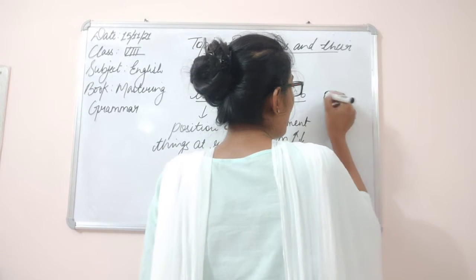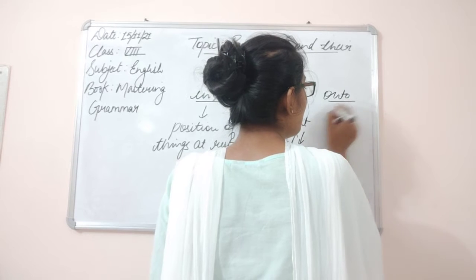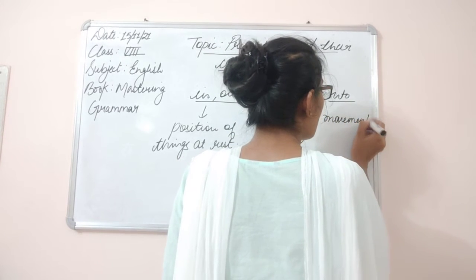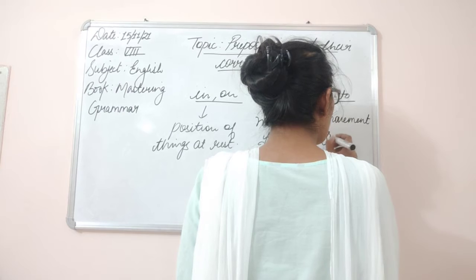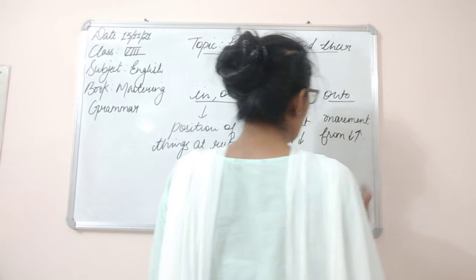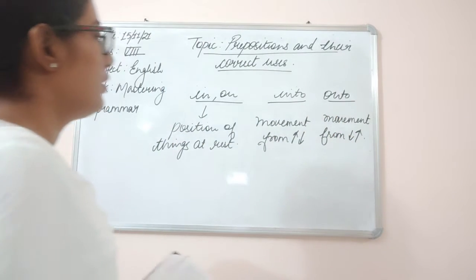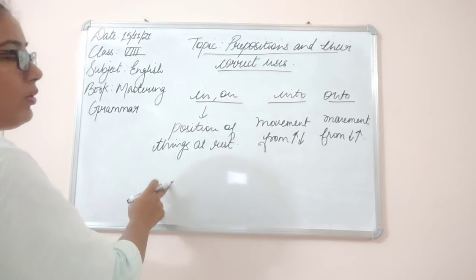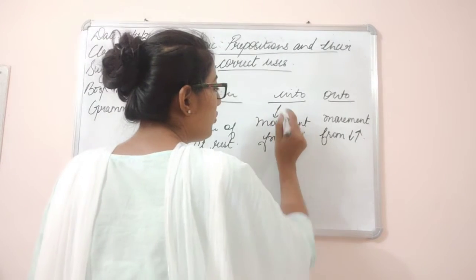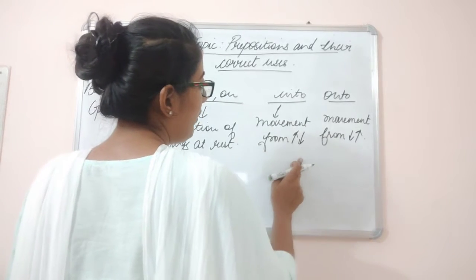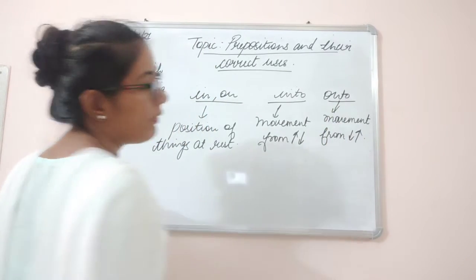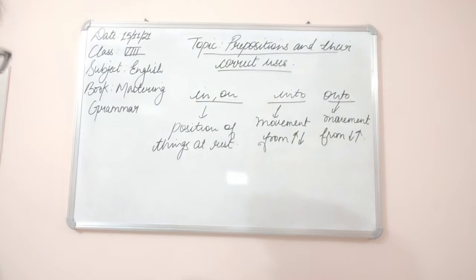Okay, and onto is used to show movement from a lower to a higher level. Okay. In and on are used to show the position of things at rest. Into shows movement from higher to lower level. Onto shows movement from lower to higher level. I hope this is clear to all of you.